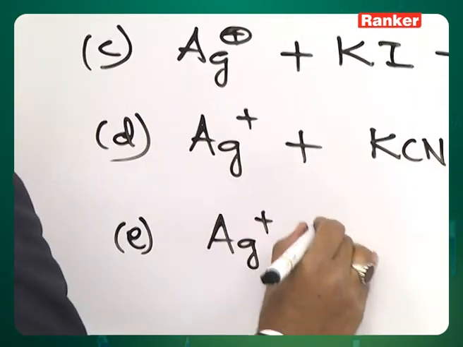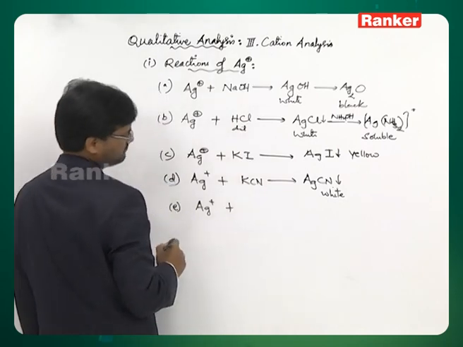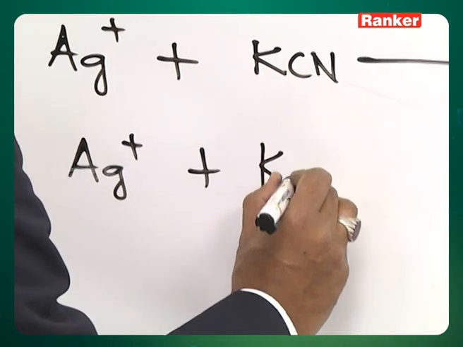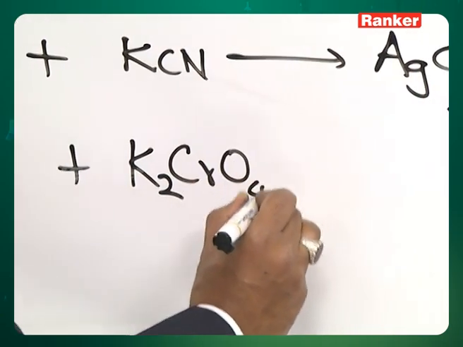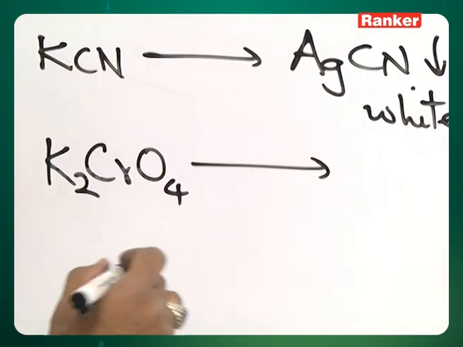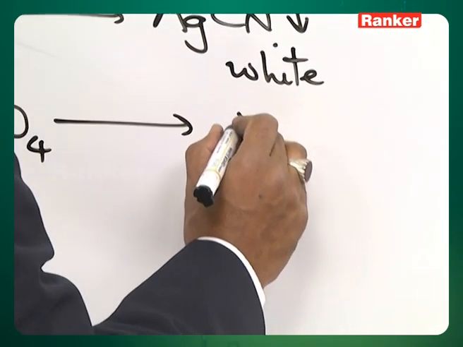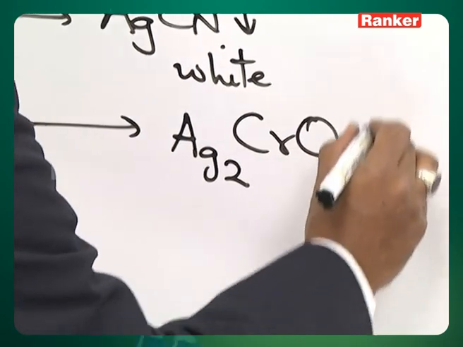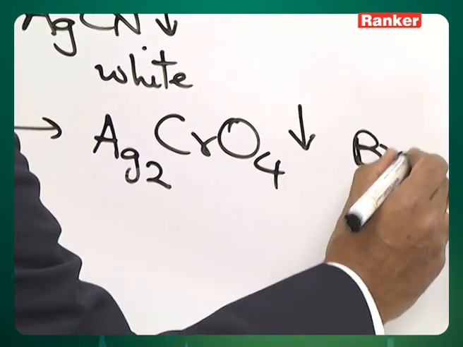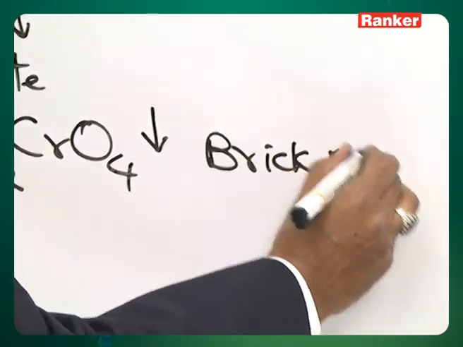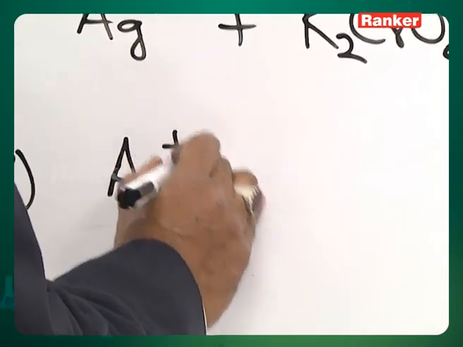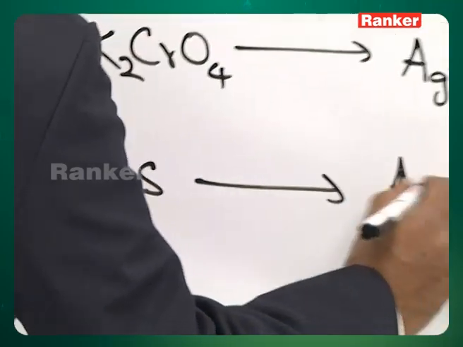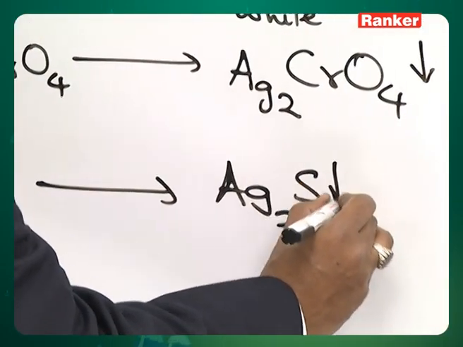Ag plus K2CrO4, you get Ag2CrO4, it is brick red color. When H2S is passed, you get Ag2S, which is a black precipitate.